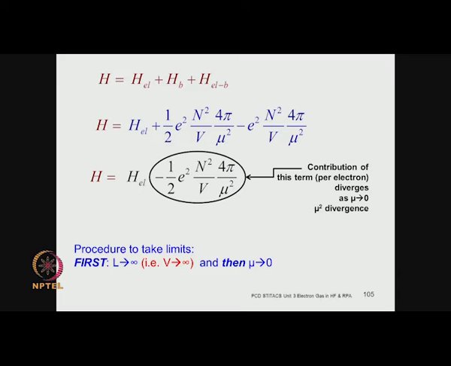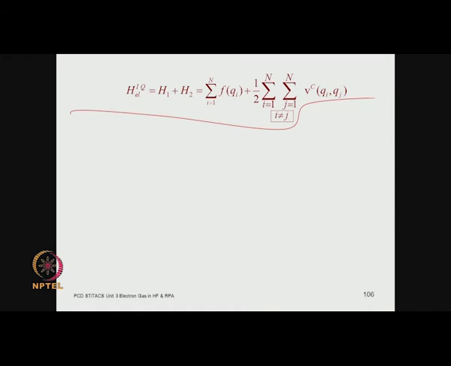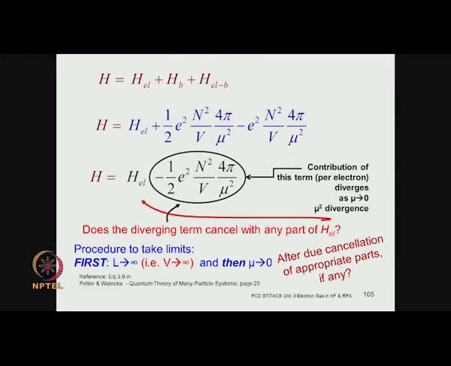There are the Coulomb interactions, there are the exchange interactions, there are so many terms in it, and we must first examine if there is any cancellation of the mu square divergence with any term or part of the term coming from the electronic part of the Hamiltonian, which was our first term in the total Hamiltonian. So, that is something that we will examine. So, yes. Why should we take the limit L tending to infinity first and then mu to 0?